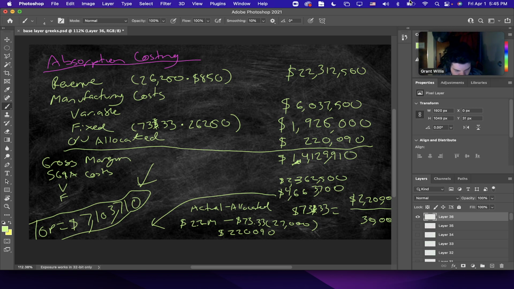Wait, where's that? It's going to be 90, which is the marketing cost per unit sold, times the units sold, which is 26,250. Oh yeah, okay. So I was right. Yeah.